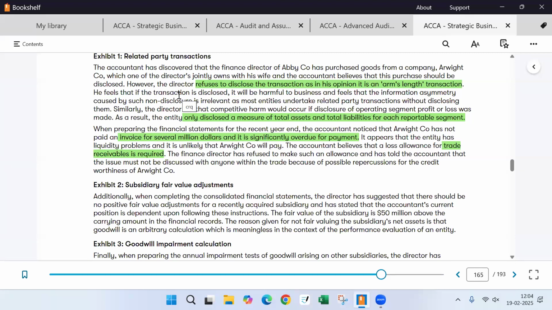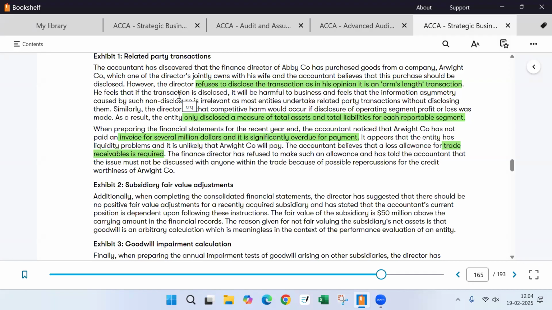So clear, guys? This is contrary to IFRS 8, which requires information about the profit or loss for each of the segments, including the expenses, revenue from external transactions, etc. Right? Income tax, everything has to be reported as per IFRS 8.